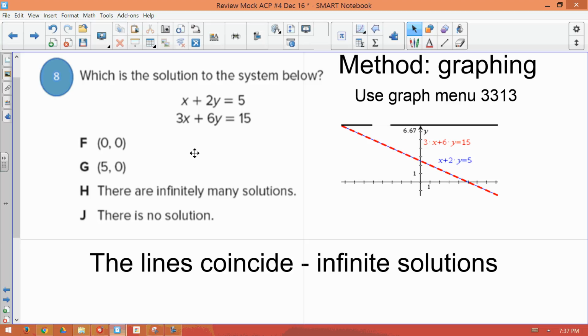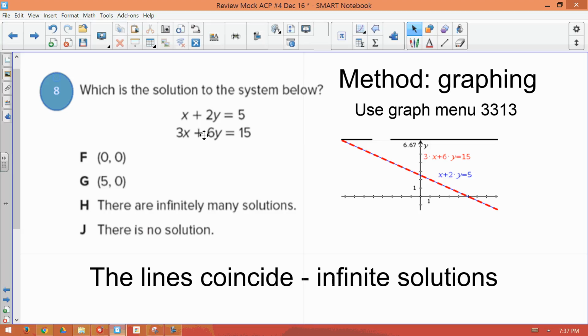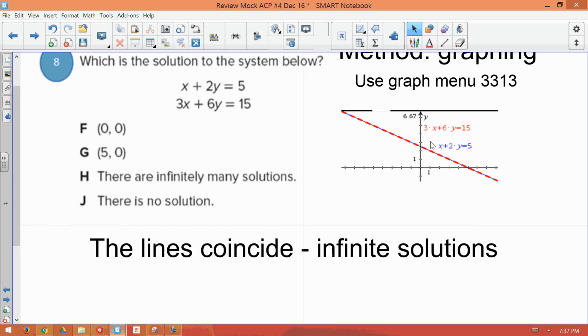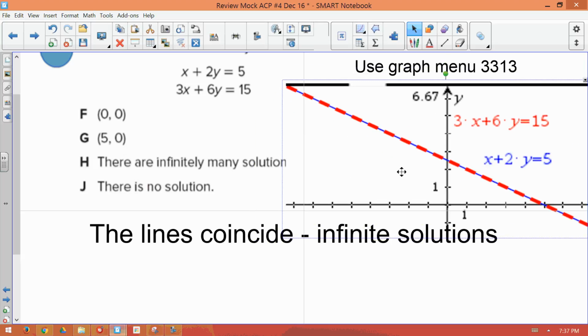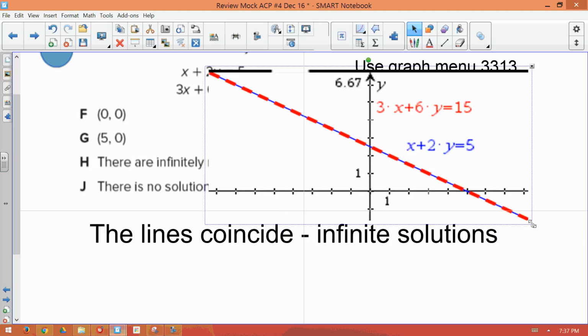For the solution of the system below, all you have to do is graph it. Just use menu 3, then 1, 2, 3, graph, and you will see what looks like one line. The reason mine looks like this is because I used a little magic to make one of the lines dotted. But either way, you're just going to get one line.